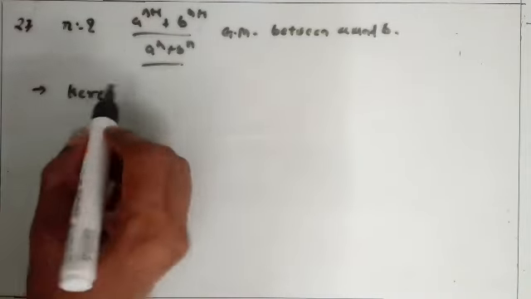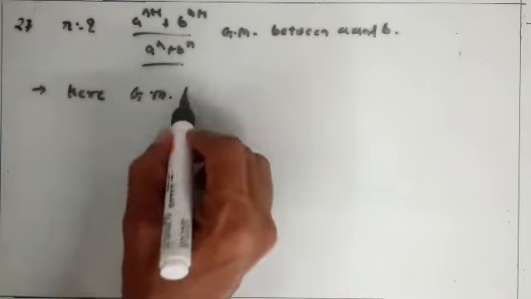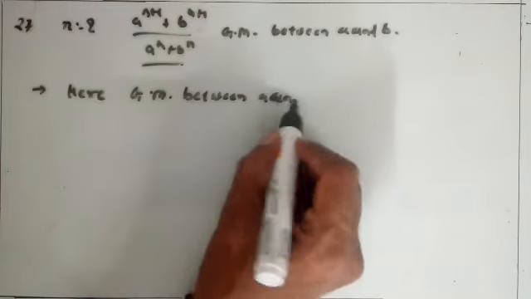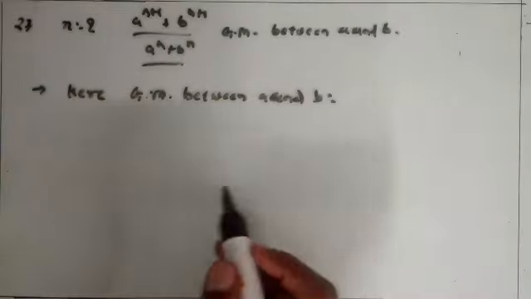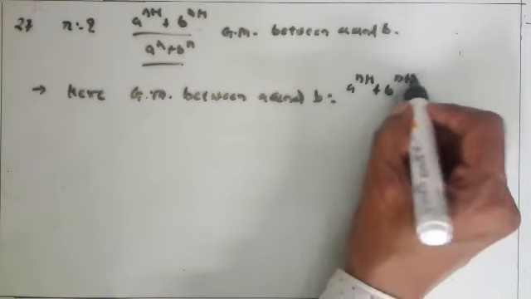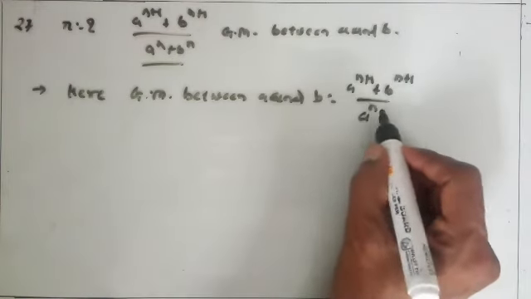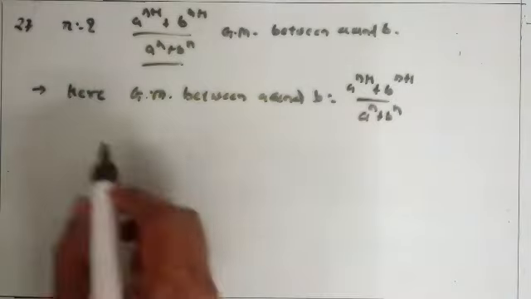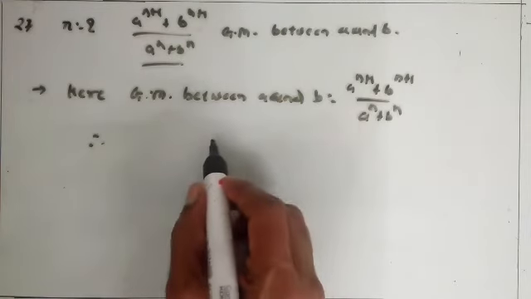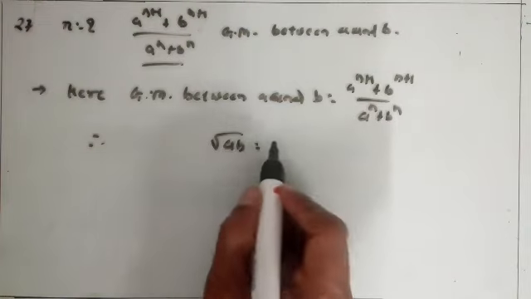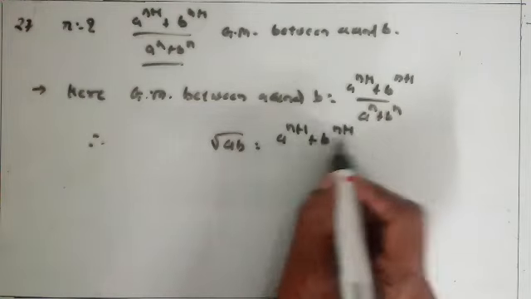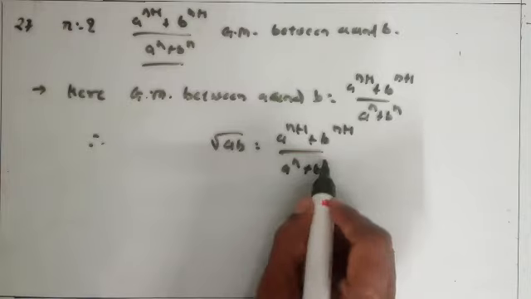Here the geometric mean between A and B is equal to (aⁿ⁺¹ + bⁿ⁺¹) upon (aⁿ + bⁿ). But the geometric mean between A and B is equal to root of AB, so root of AB is equal to (aⁿ⁺¹ + bⁿ⁺¹) upon (aⁿ + bⁿ).